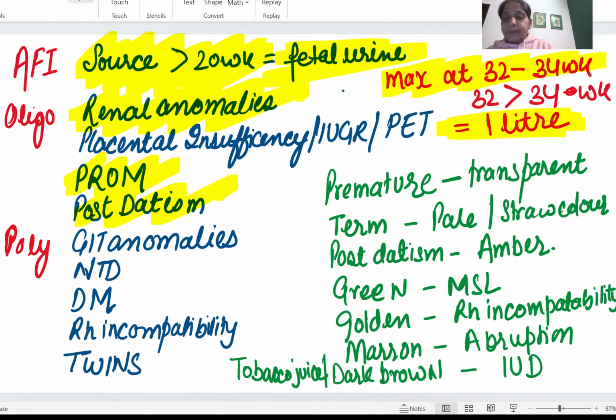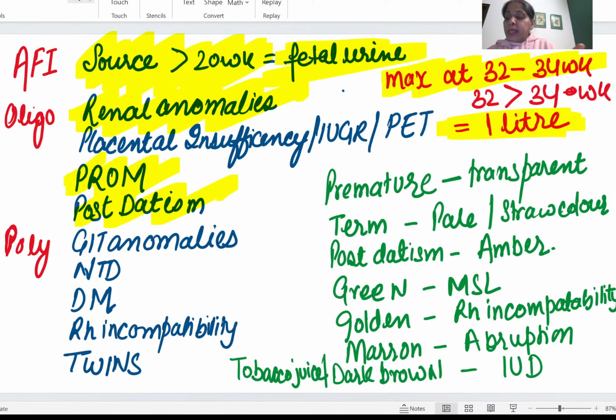post maturity. Okay, now this fetal urine, which was the main source of amniotic fluid, it is not that once the fetus passes the urine it will remain here. Fetus also swallows that amniotic fluid, and this circulation keeps on going.